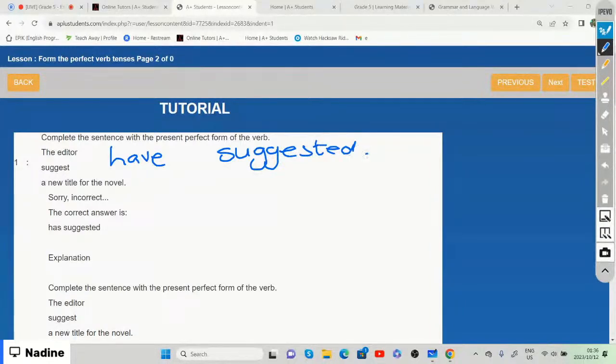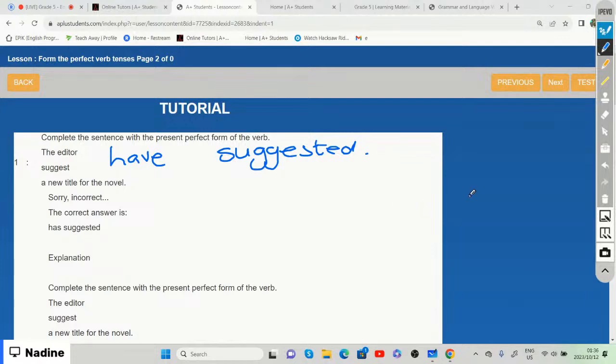So to complete the sentence, we say the editor have suggested a new title for the novel, meaning that you need to come up with a new title for this book or novel, right?